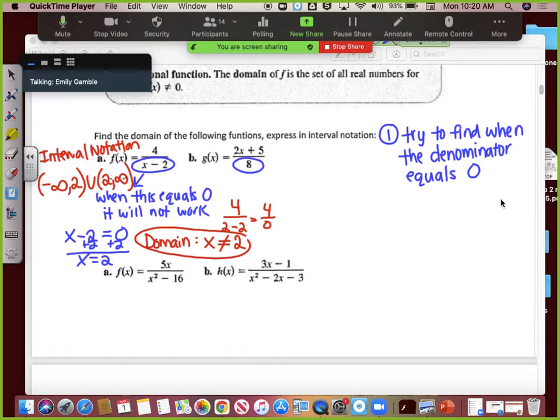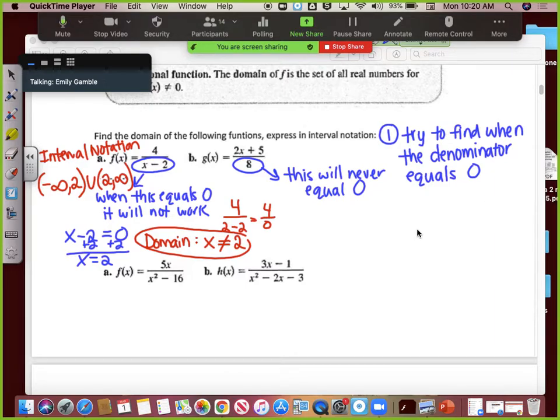So because of this will never equal 0. So since this will never equal to 0, that means that the domain for the second one is every number. Every number will work. There is no number that will not work for this problem.